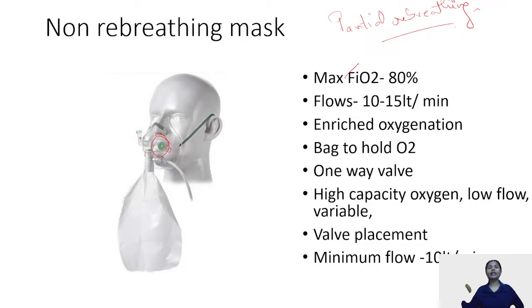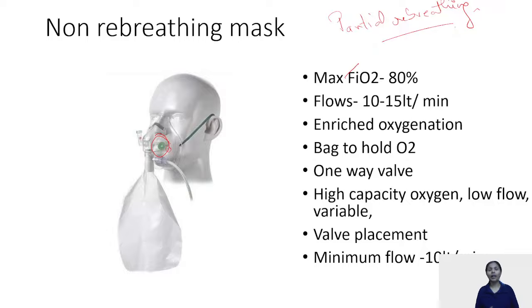But when there is inhalation, entrainment of the gas is stopped because that valve is one way. When the outside pressure increases, it will collapse over the hole and thus there will be no rebreathing that can occur. This is the non-rebreathing mask.